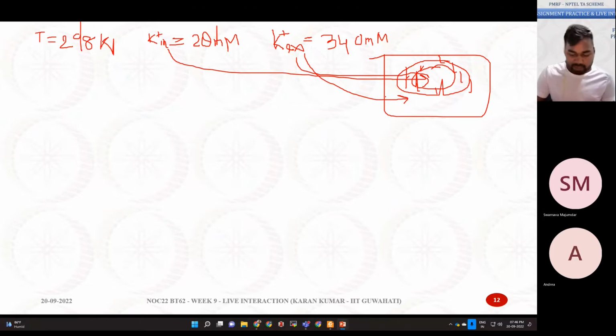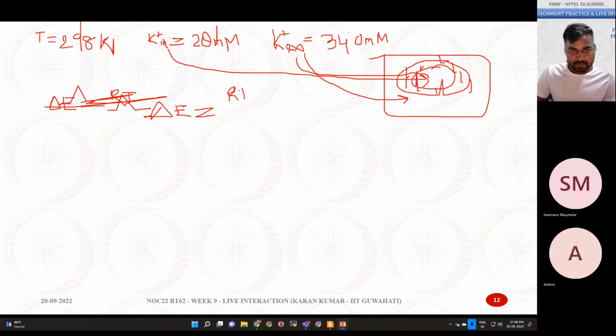Okay. So now if you calculate the delta E value for this, that will also be the same. Delta E is equal to RT divided by ZF ln C external divided by C internal.